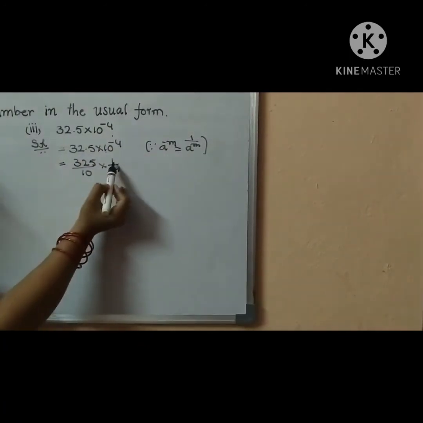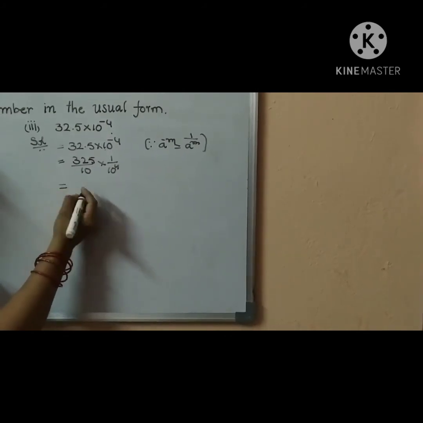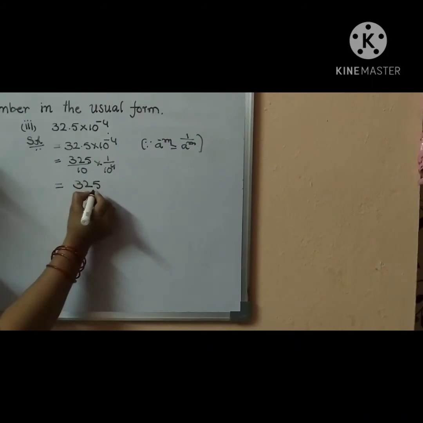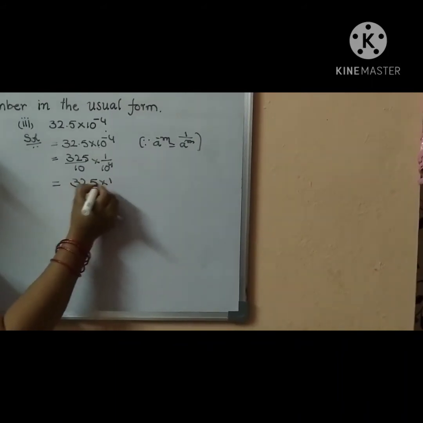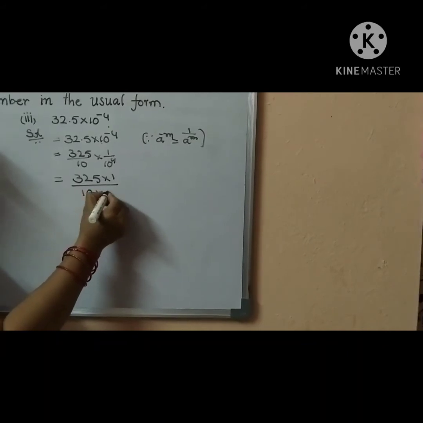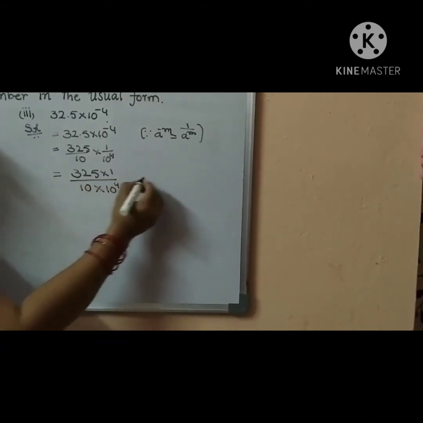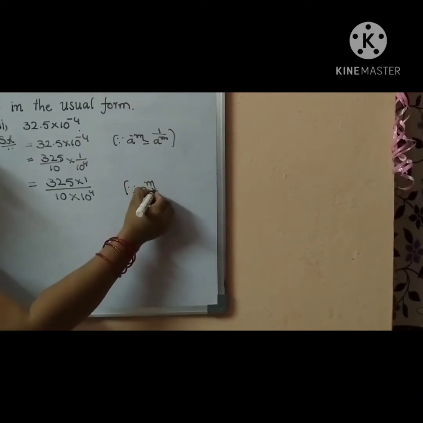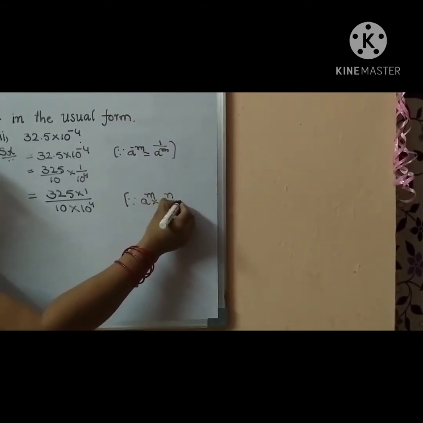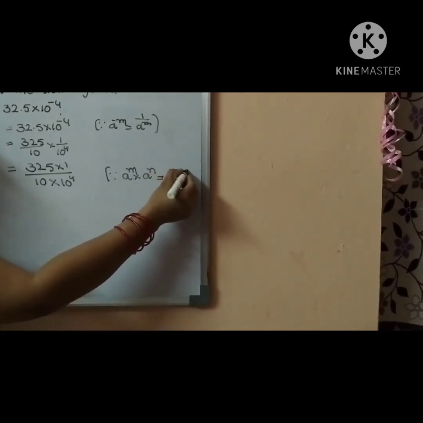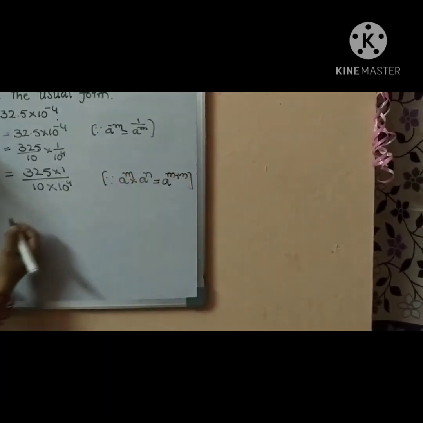So here 1 by a power m. Here write 325 into 1 by 10 into 10 power 4. So in this case, in the denominator, bases are same, then exponents are adding. So here a power m plus n.